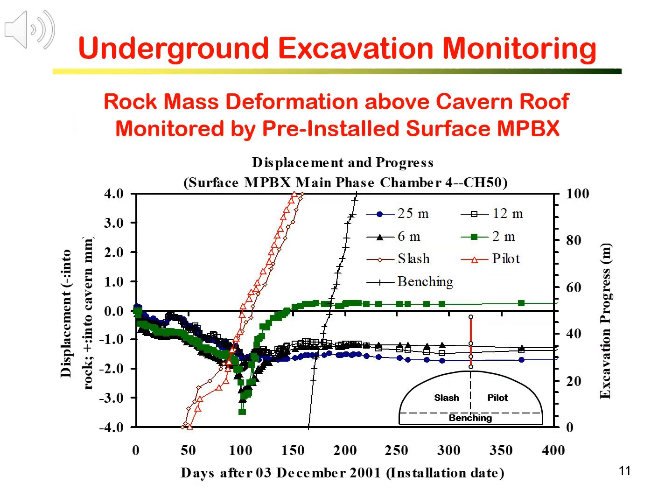Here is an example of measurements of a multiple point borehole extensometer installed from the surface before excavation, X0 in the last slide. The excavation monitored is a large cavern of 30 meters span in granite.